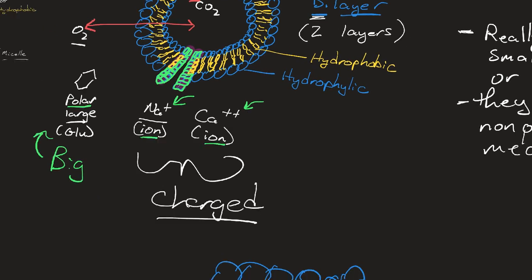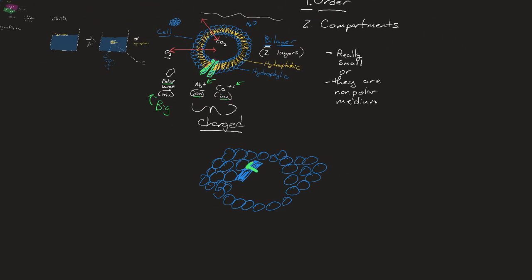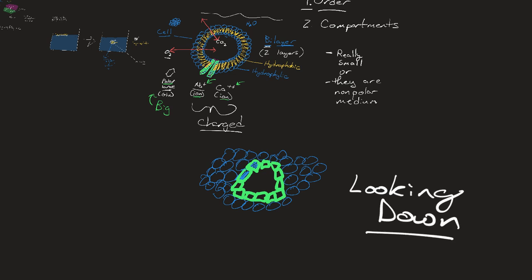And so what you see is when you look down on it, these polar amino acids hang out with the heads, and the non-polar R groups are hanging out underneath these, as you can see here. Remember, we're looking down onto the cell.